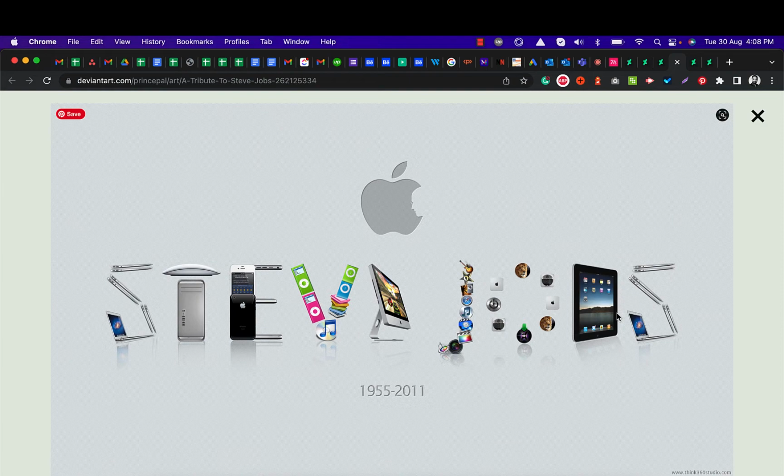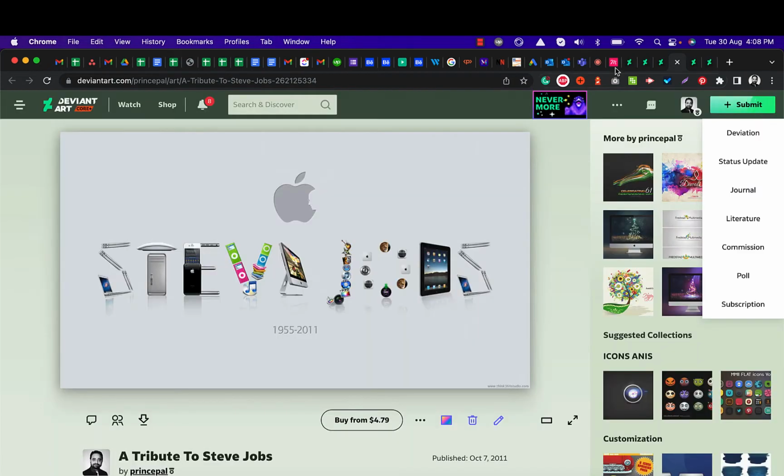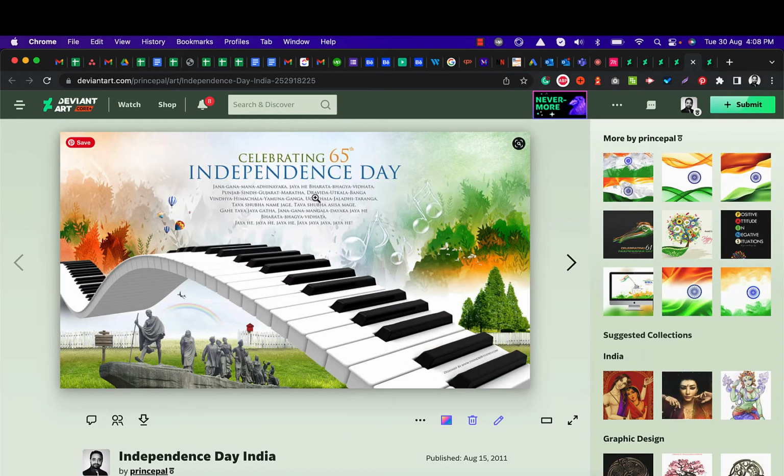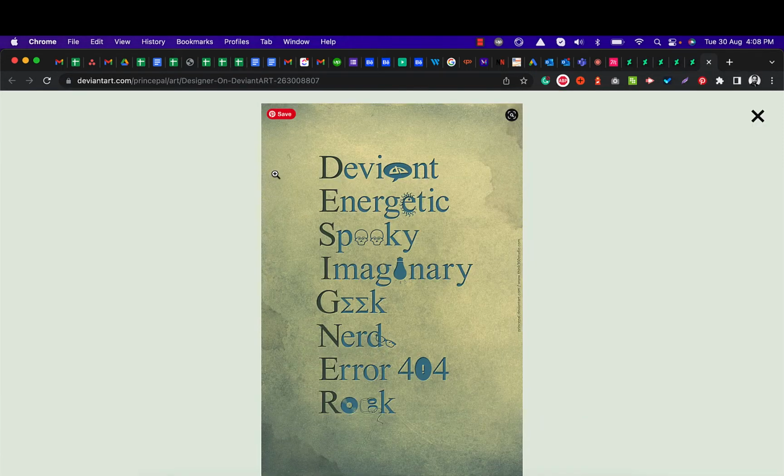And in the logo there is a Steve Jobs in the negative space. Then I have this artwork, which is also a kind of typography, but not a complete one. And then designer, the full definition according to me, a designer.